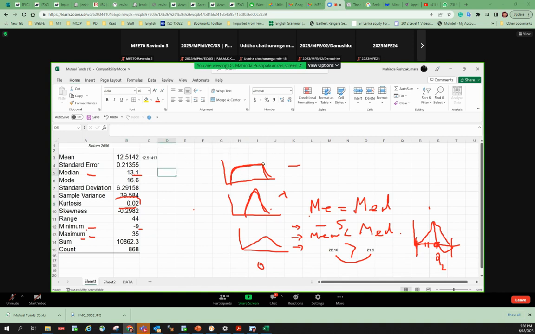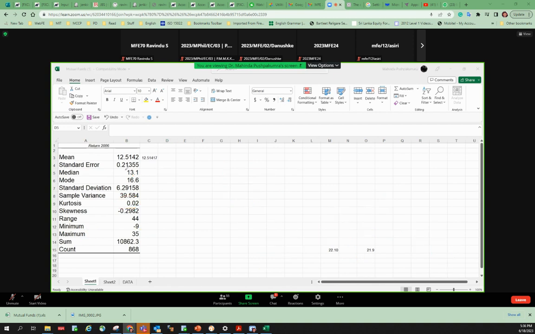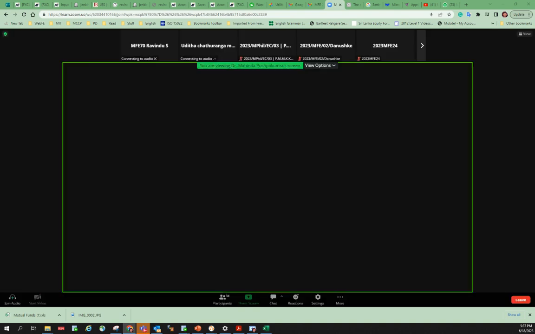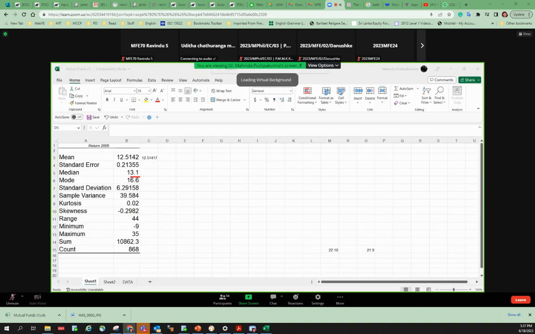Okay, then central tendency. What you can say about central tendency? 50% of mutual funds return is below 13.1, and again 50% above 13.1.